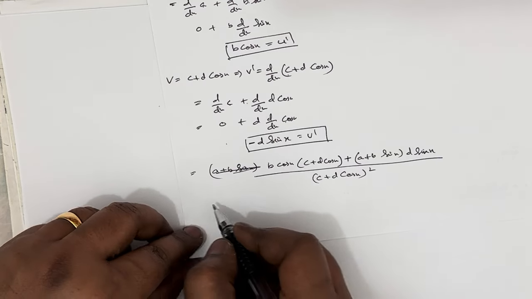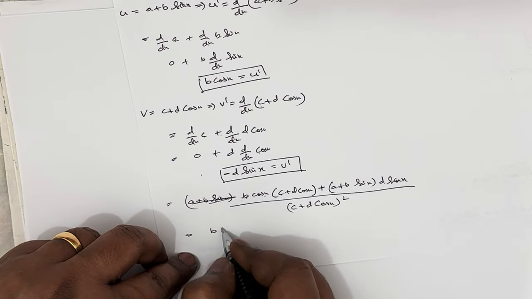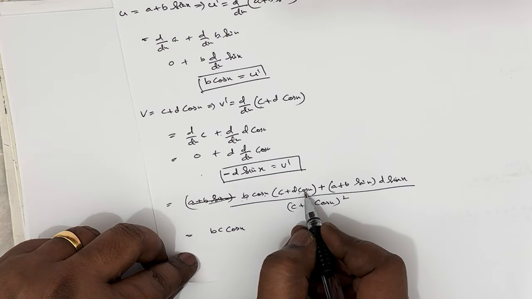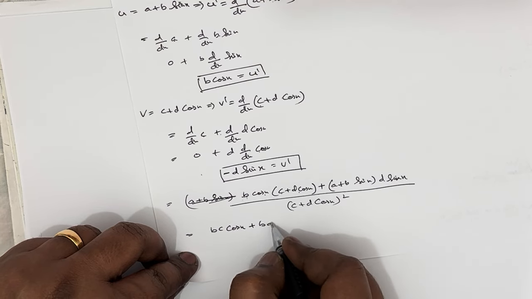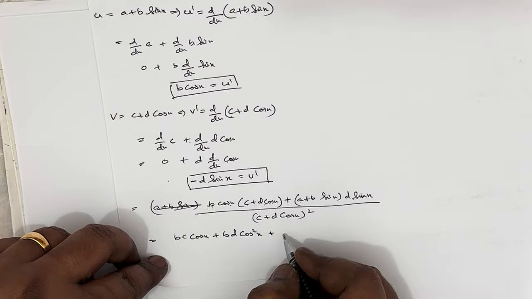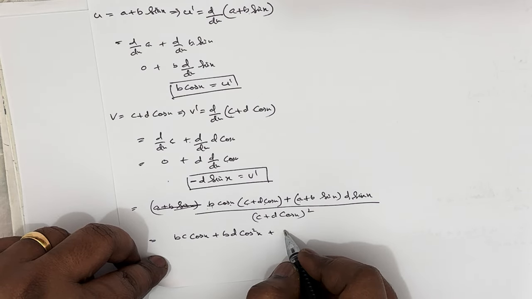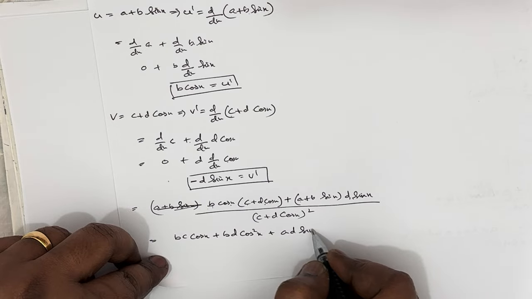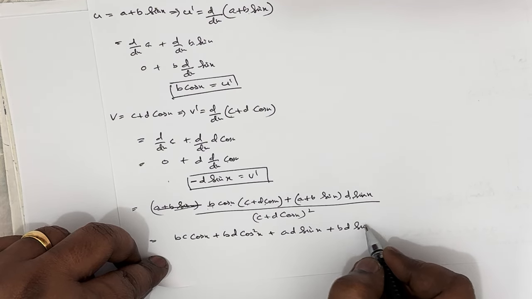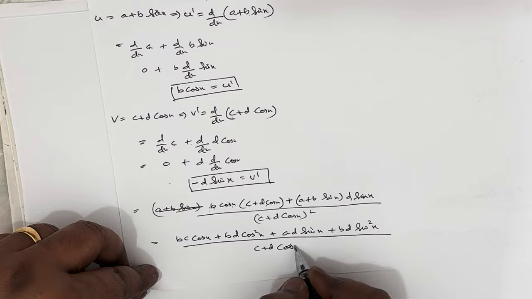Now let's multiply this inside. b cos x multiplied by c will become bc cos x. This will become bd cos square x, plus this will become ad sin x, and plus bd sin square x, upon (c plus d cos x) whole square.